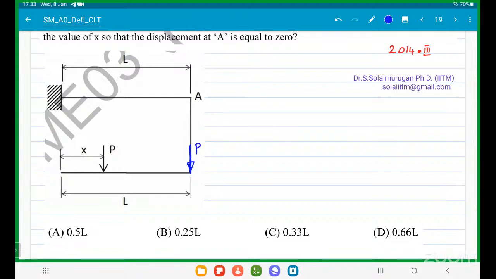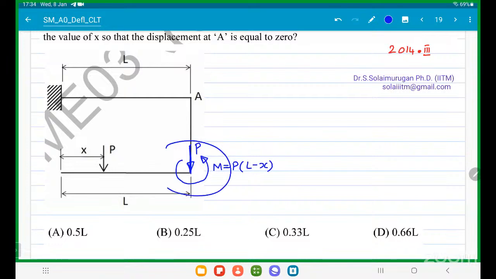Moment direction, counterclockwise or clockwise, sir? Very good, counterclockwise. Go to the calculation point, see the load, it is creating counterclockwise. What is the moment value? M is equal to P into L minus X. Very good. Okay, sir, done. P into L minus X.